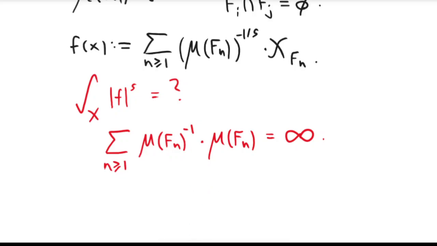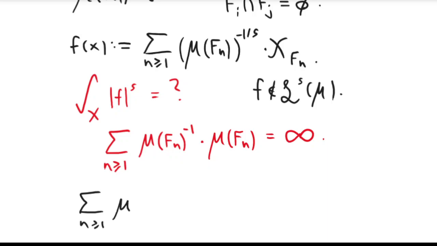So this function clearly is not s integrable, right? So f doesn't belong to Ls, but it does belong to Lr. If you think about raising f to the r power and integrating that instead, here you would get mu of Fn to the negative r over s, and then times mu of Fn.